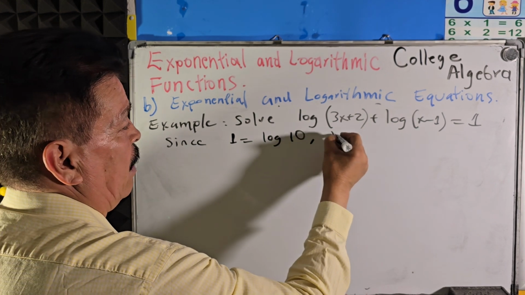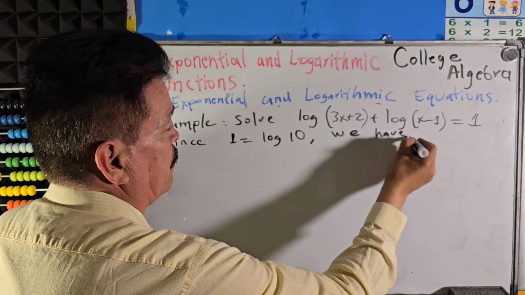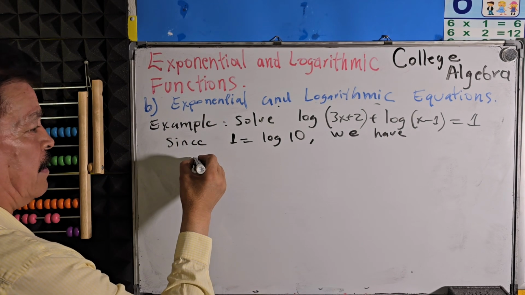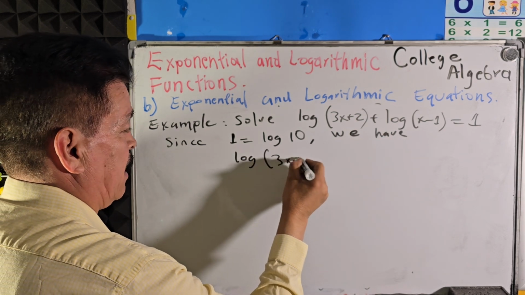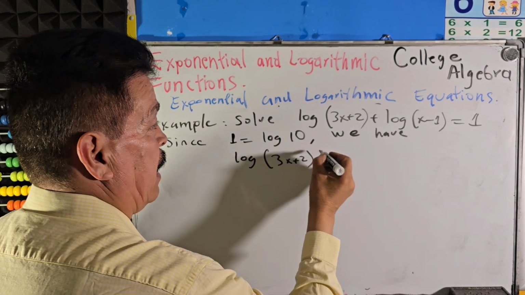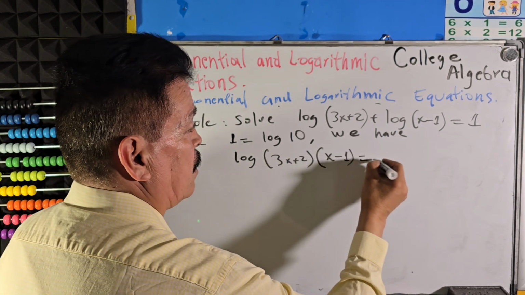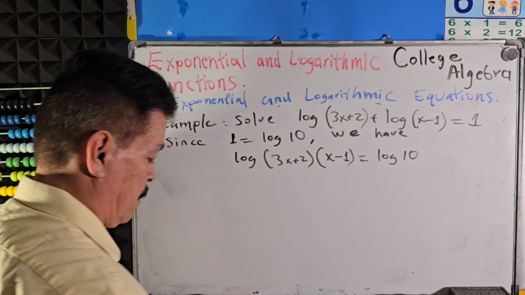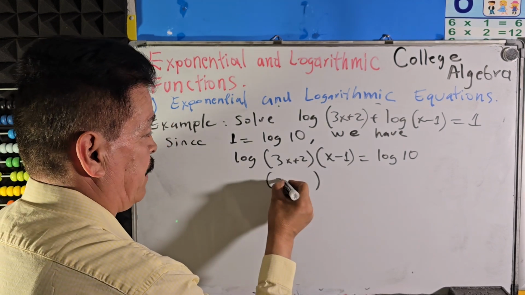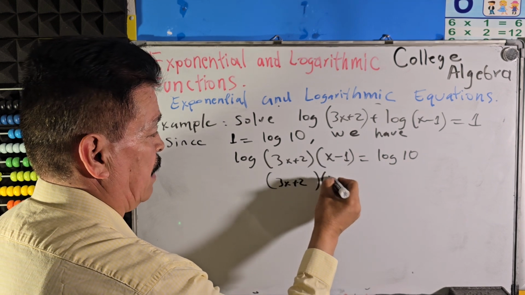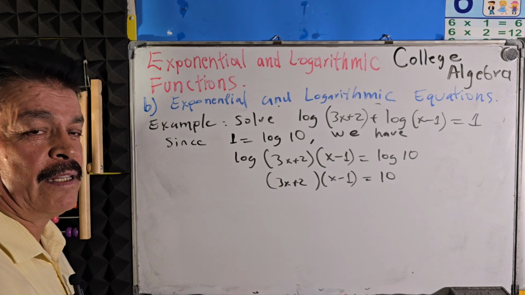So we will have, let's write right here, log of 3x plus 2 times x minus 1 equals log 10, right? So multiply right here, 3x plus 2 times x minus 1 equals 10, right?